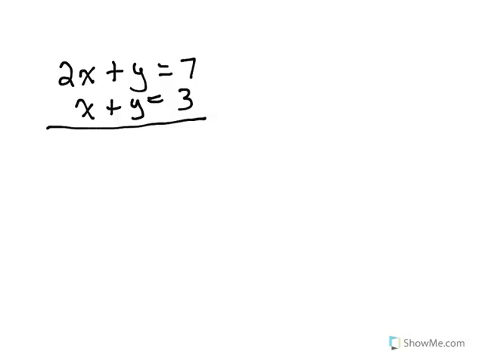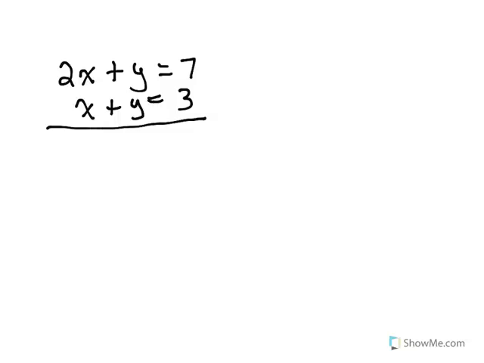I can either change one of the y's to a negative by multiplying the entire equation by -1, or I can change the x to a -2 by multiplying the entire equation by -2. Doesn't matter which one you want to eliminate, just pick a variable.